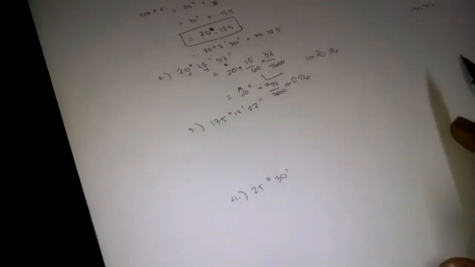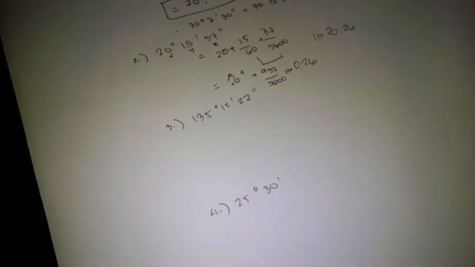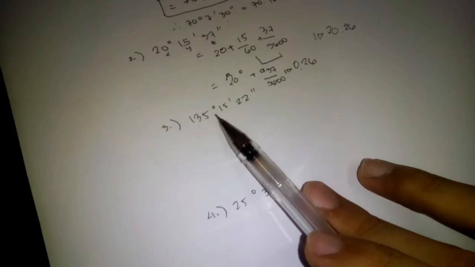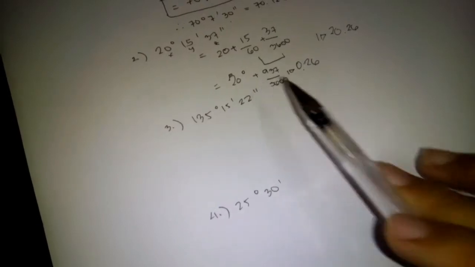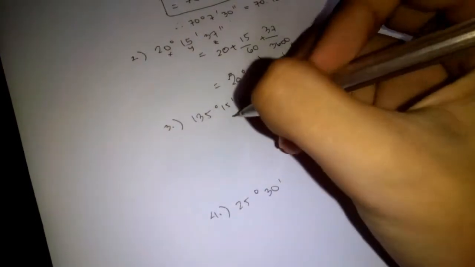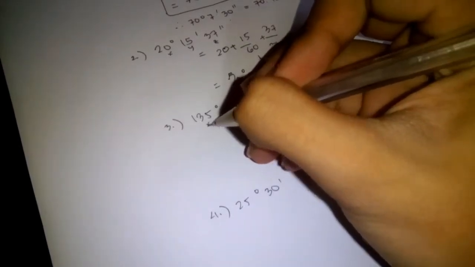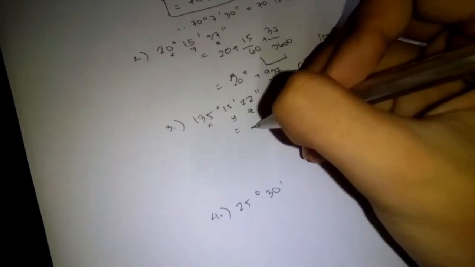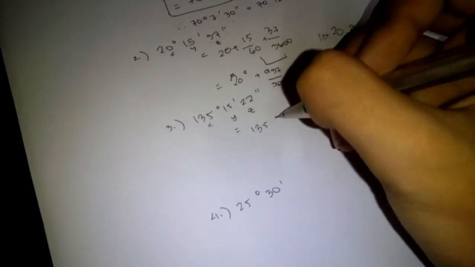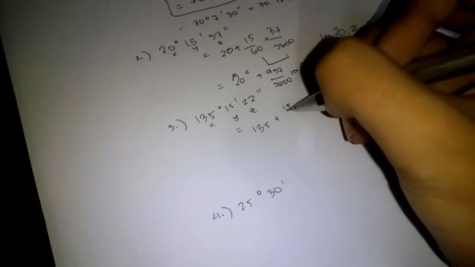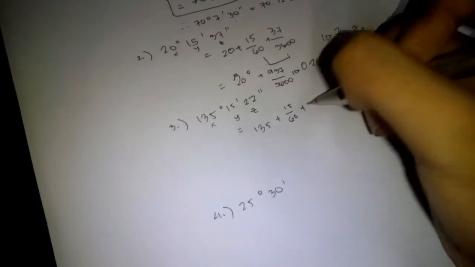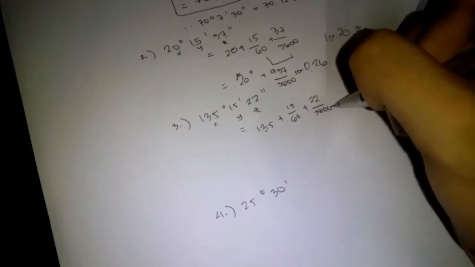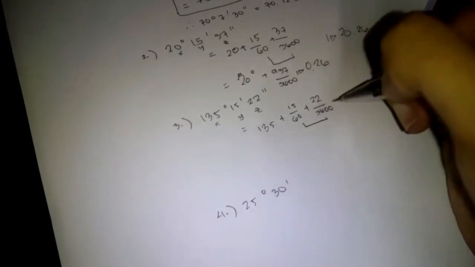So let's have our next given: 135 degrees, 15 minutes and 22 seconds. Step 1: substitute using the general formula. 135 plus 15 over 60, 60 is constant, plus 22 over 3,600, 3,600 is constant.